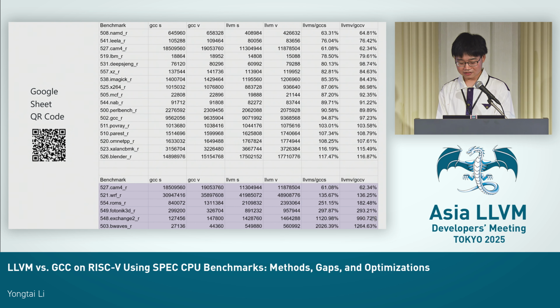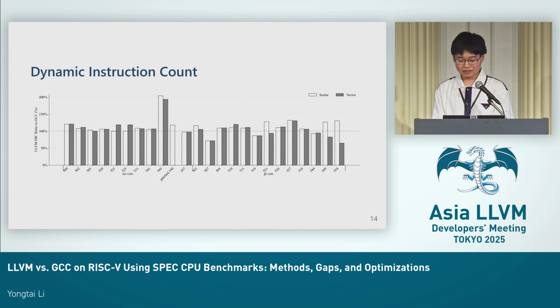Okay, next let's look at the dynamic instruction count. The bar chart shows LLVM's dynamic instruction count relative to GCC. The unfilled bars represent tests for the scalar target, while the gray bars indicate cases when the V extension is enabled.